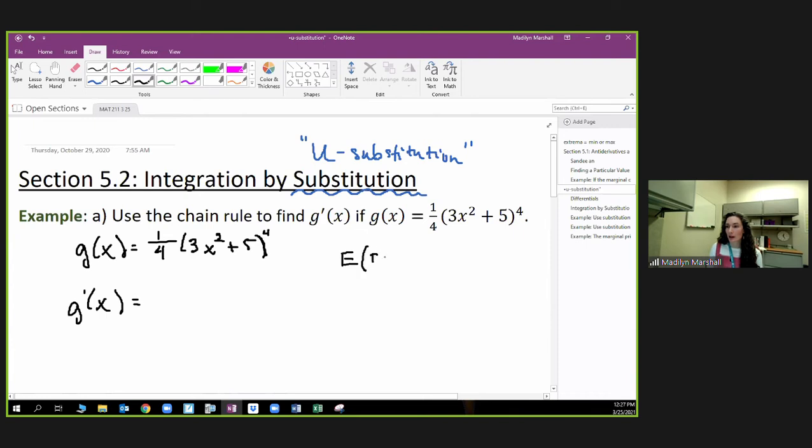So e of i of x is 1/4 i of x to the 4th. Our exterior is the stuff on the outside, and i of x would be that interior part.